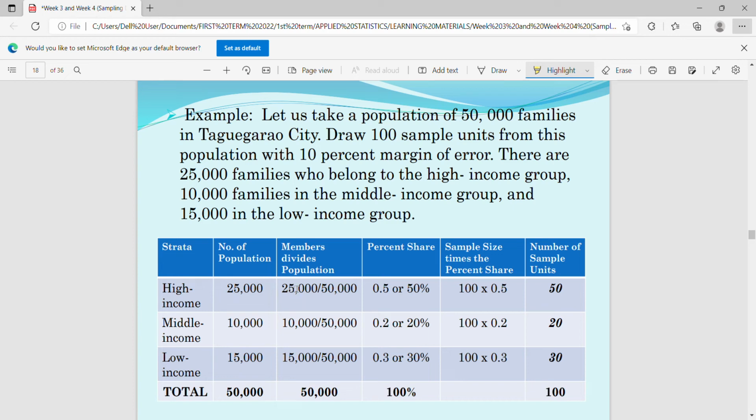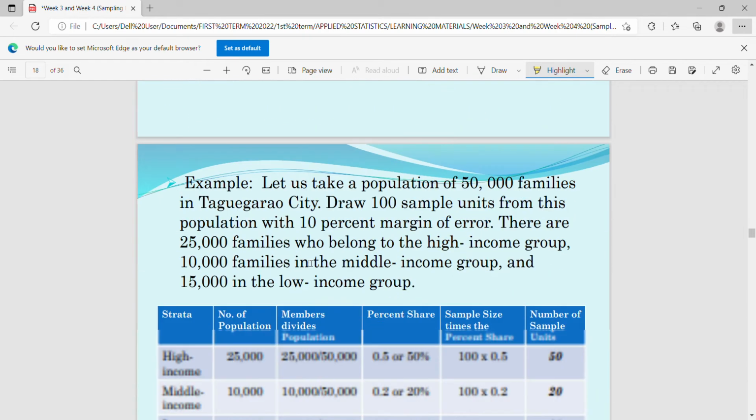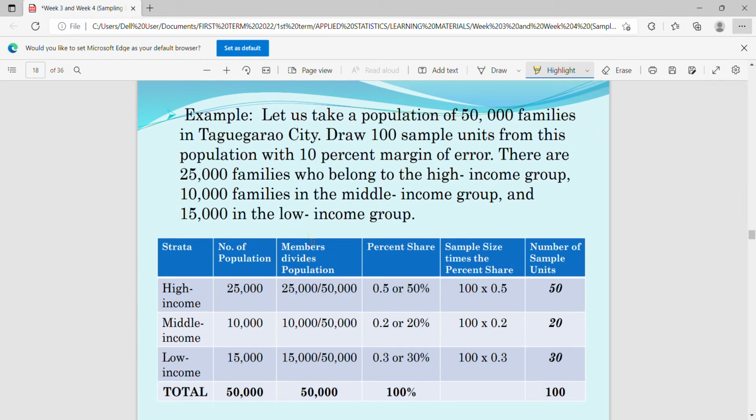So first, we need to use the formula. We have the formula here, that is the population of the stratum, 25,000, divided by the total population. So in the first, 25,000 divided by 50,000, which results to 50%.